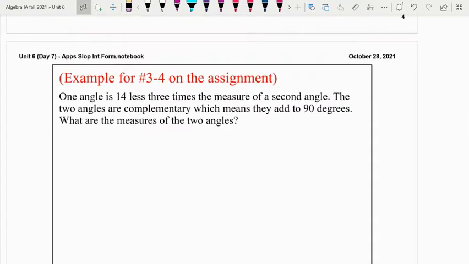All right, so let's see here. The first problem says one angle is 14 less than 3 times the measure of a second angle. Oh, that's a hard one. So I'm going to put angle A. It's 14 less than 3 times the measure of the second angle.